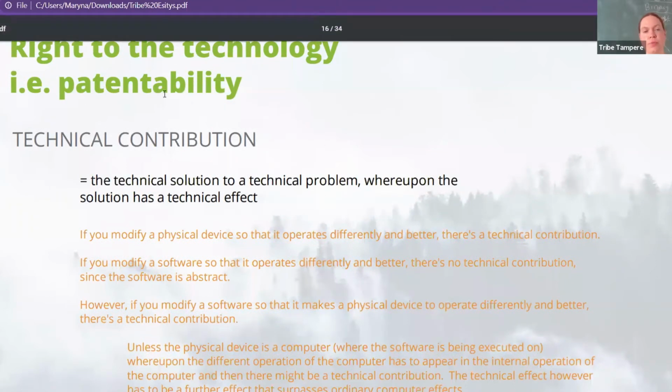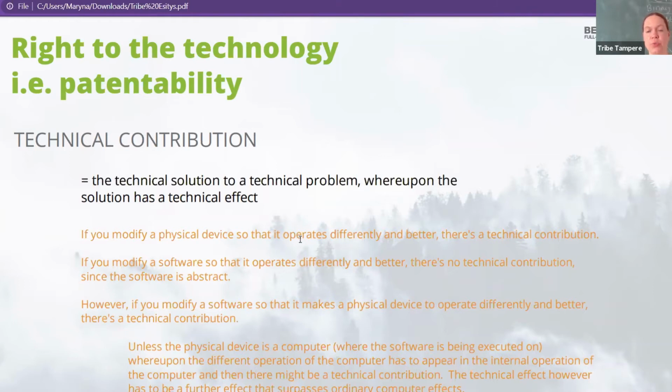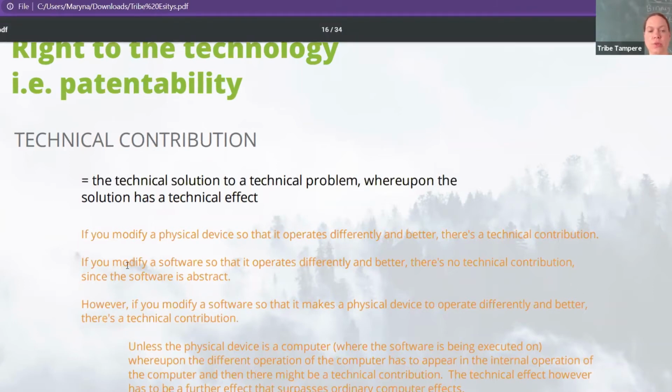So about the right to patentability, the technical contribution: if your software merely operates differently or better in a conventional way, as software usually works, there is no technical contribution. So it is not patentable.